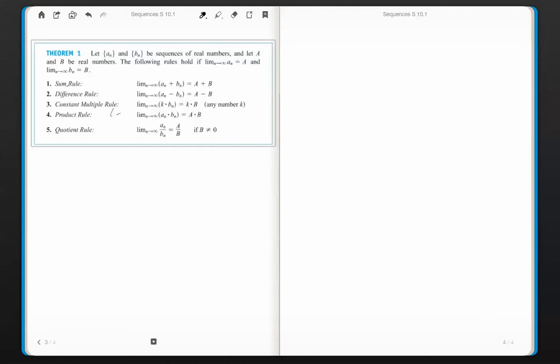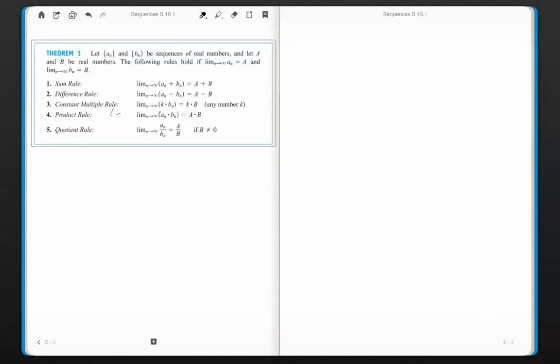Similar to what we did with other limits and the differential operator, we know that the limit as n approaches infinity of a n plus b n is the sum of the individual limits. The difference rule goes right along with that: for a combined sequence, the limit is the difference of the two individual limits.